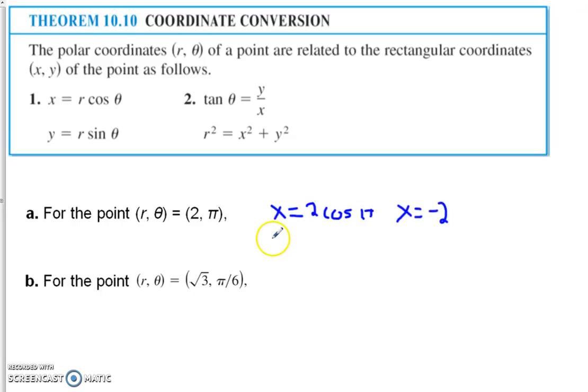What's my y coordinate for that point? y is equal to 2 sine pi. Of course, the sine of pi is 0, so y is equal to 0. So my coordinates, my xy here, would be the point negative 2, 0. And maybe if you drew it out, you could convince yourself that that was true.